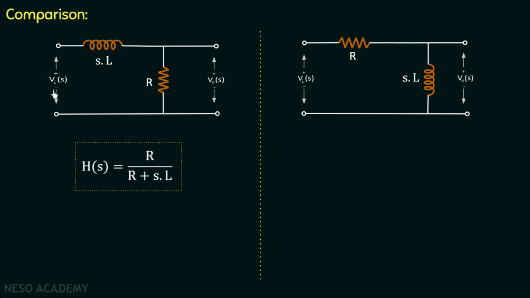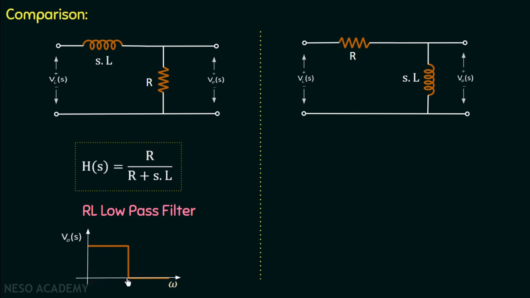But if we increase the frequency, the inductor will behave as an open circuit and the output will become 0. So we can say that for low value of frequency, the output is non-zero, and for high value of frequency, the output is equal to 0. In this way, this circuit behaves as a low pass filter, and that's why we call this circuit RL low pass filter. And its filtering characteristics is given like this.